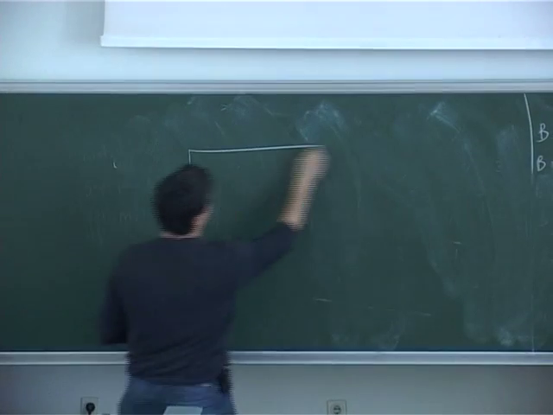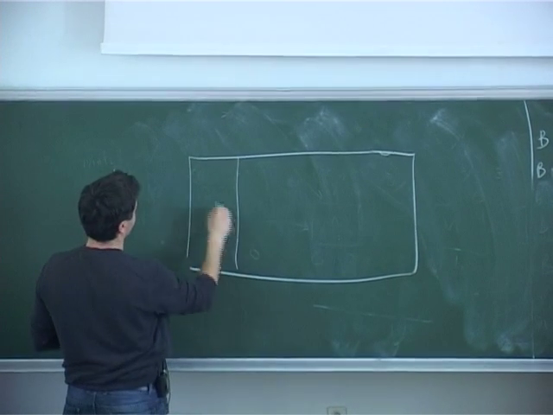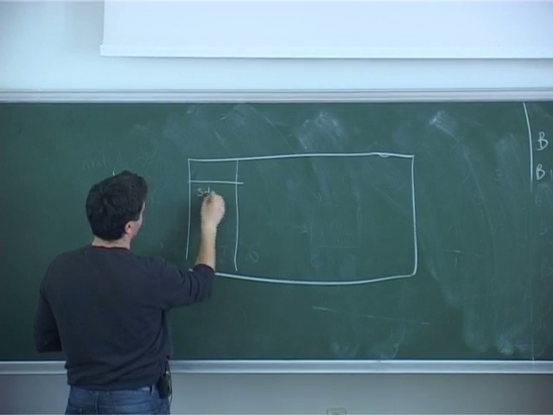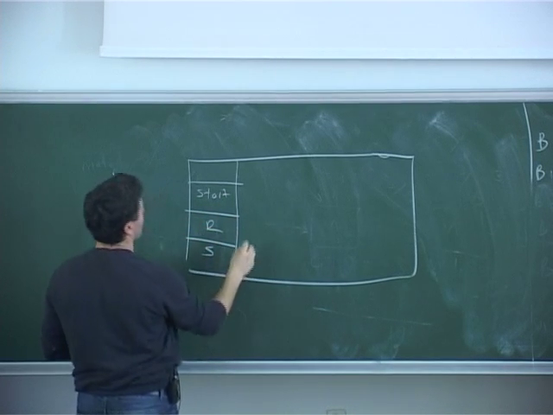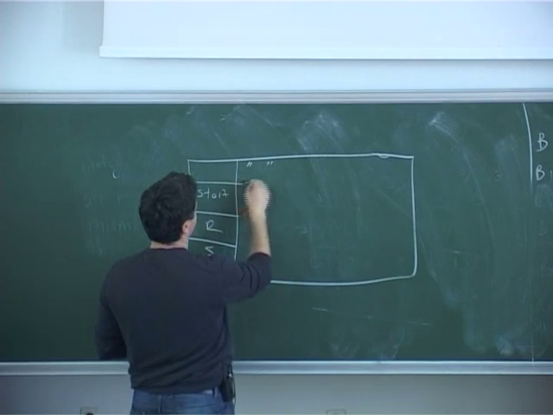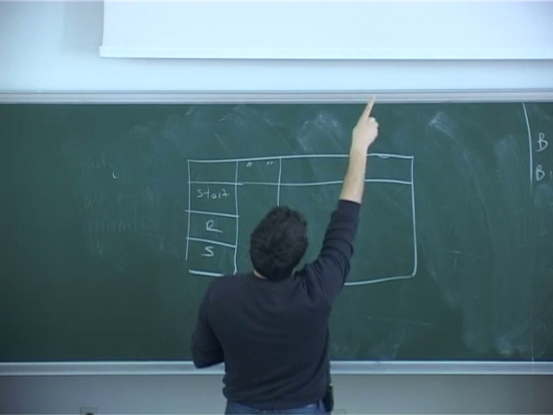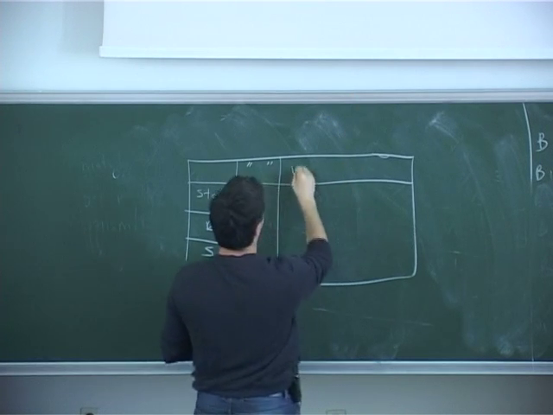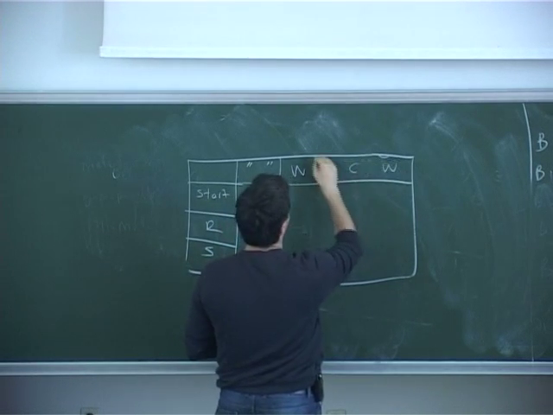So the Viterbi says that these are my states: start, rainy, sunny, and I'm going to have the empty symbol, walk, shop, clean, walk.